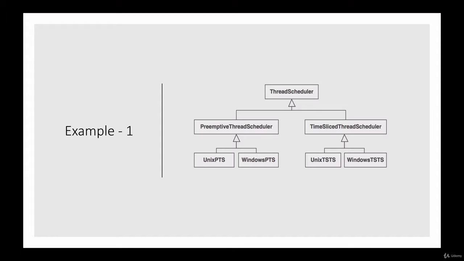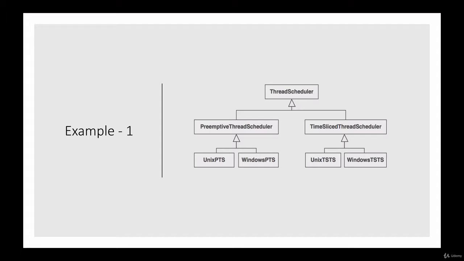For example, Unix systems have their own implementation of the preemptive thread scheduler, and Windows systems have their own implementation of the preemptive thread scheduler. Similarly, for the time sliced thread scheduler we also have a Unix based implementation and a Windows based implementation. So up to here this design seems pretty good.